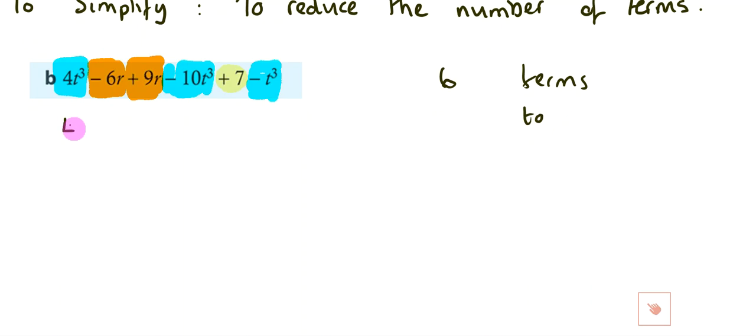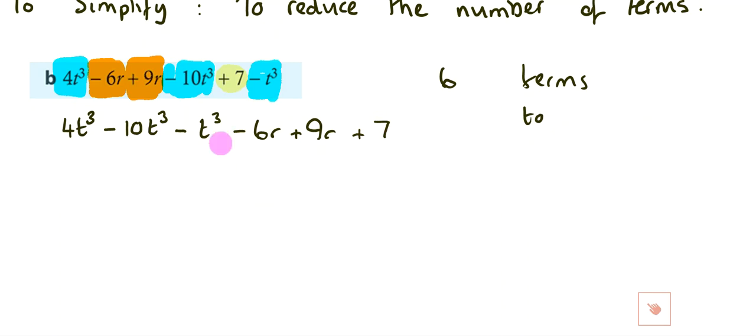So I'm going to do 4t cubed minus 10t cubed minus another t cubed, minus 6r but plus 9r and then plus 7.